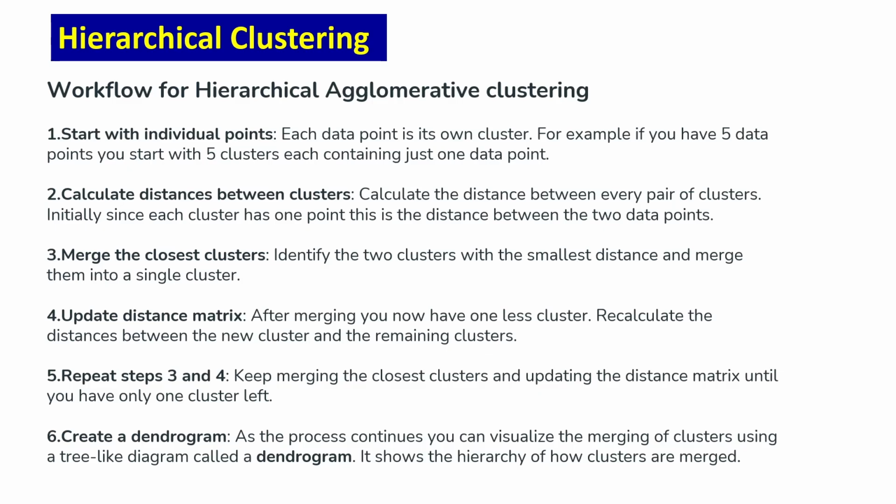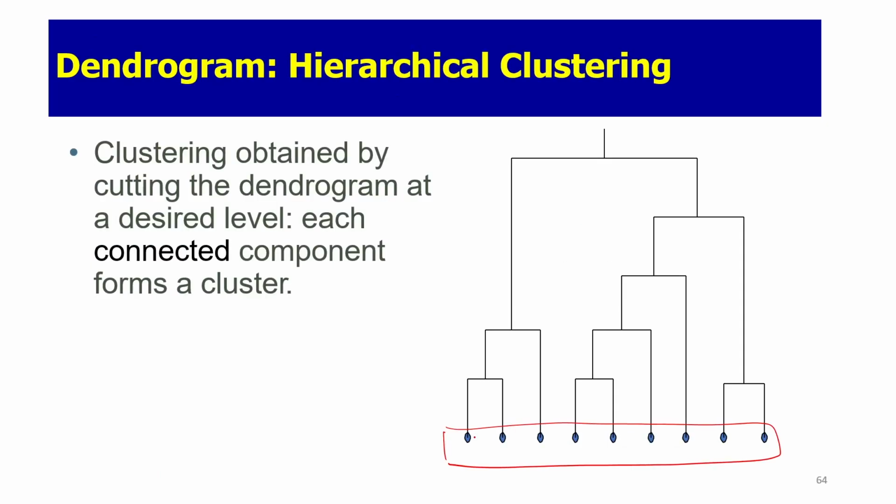Different metrics are possible, I told you: Euclidean, Manhattan, Minkowski, Mahalanobis. Initially, since each cluster has one point, this is the distance between the 2 points. This is the distance between these two, and the distance between these two. You can see they are not the same, they are different.